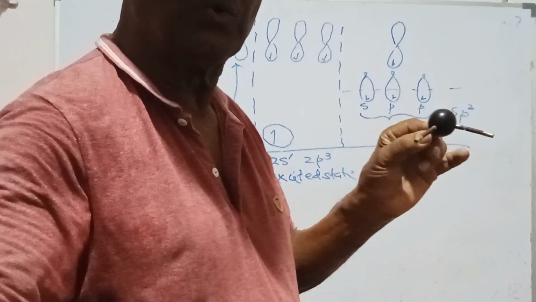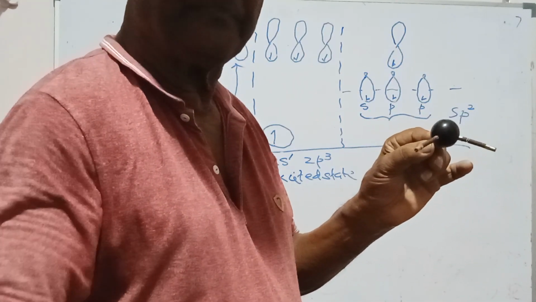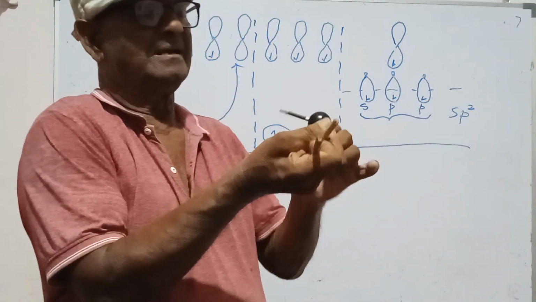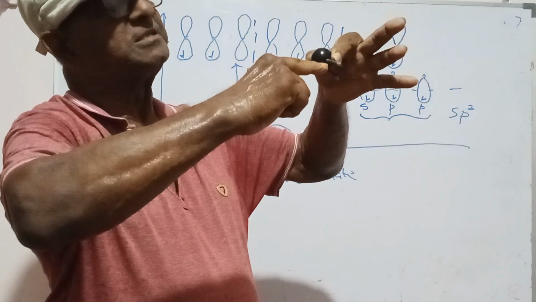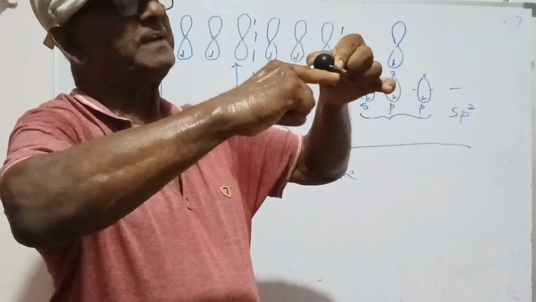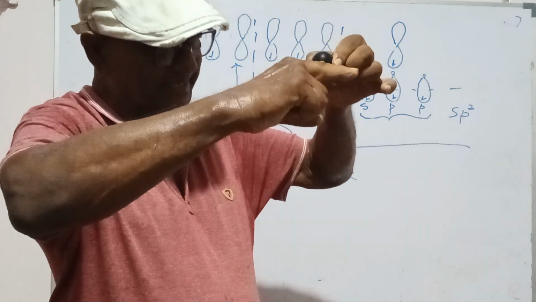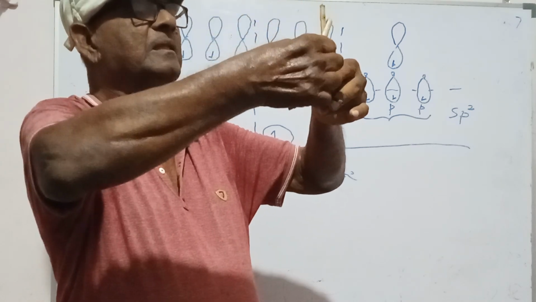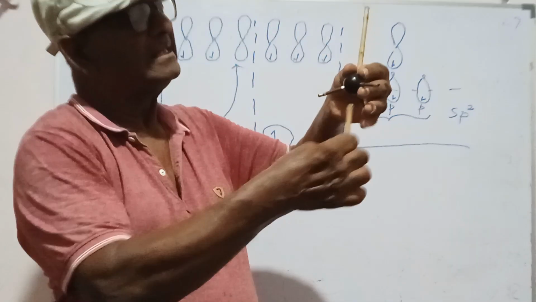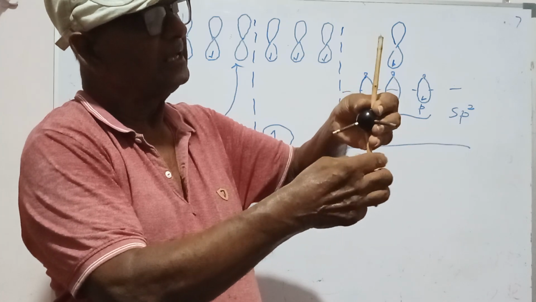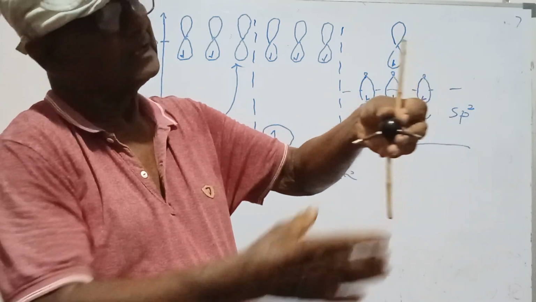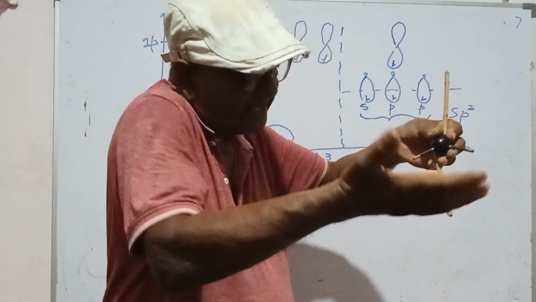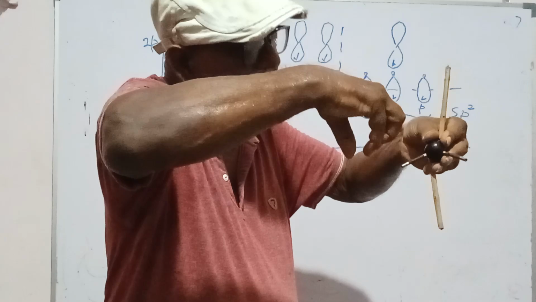Then I'll show you the two lobes. The sp2 hybridized orbitals are in the same plane; one lobe of the unhybridized orbital is on one side, and the other lobe comes here. So what is the arrangement? The three orbitals are in the same plane around the nucleus.